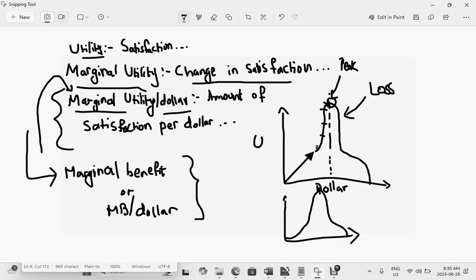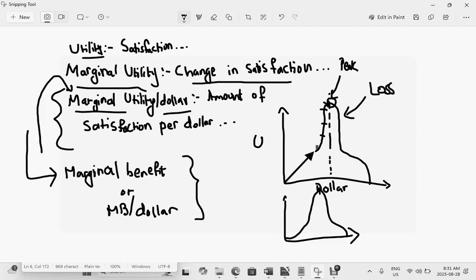Marginal utility is simply talking about satisfaction per dollar. At this point, the consumer is not spending his or her money, does not have a budget constraint line, does not have any budget set up for spending money. At this point, we're just talking about satisfaction. How much satisfaction, or what kind of change in satisfaction, do we see on the graph?